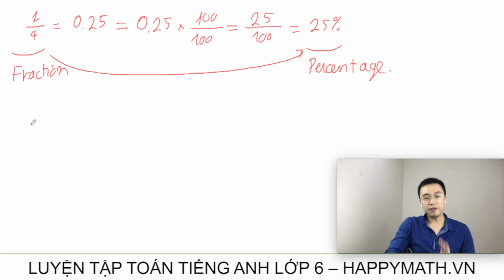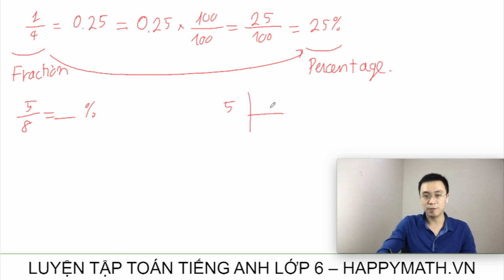So if I have 5 over 8 and I want to change it to a percentage, I will take 5 divided by 8. 5 divided by 8 equals 0 for the first one, and I multiply by 10 and put the decimal point. We get 6, and the remaining is 2.